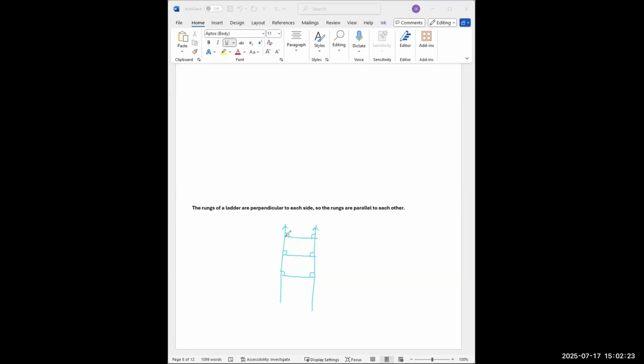So since we know all of these are going to be 90 degrees, every single one. So one way is, well, we know we've got a rectangle, so the sides must be parallel. Also, we can think about the parallel lines and the traversals, and we have all of those congruent angles. So yes, they would have to be parallel.